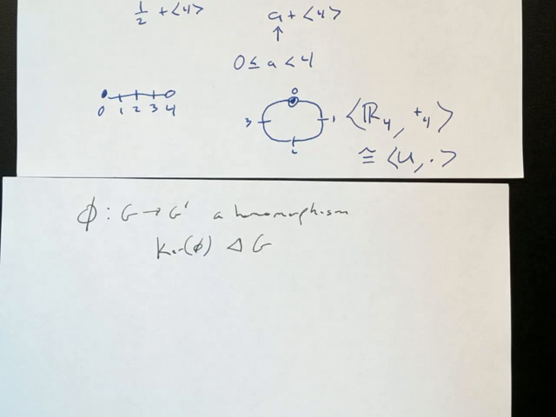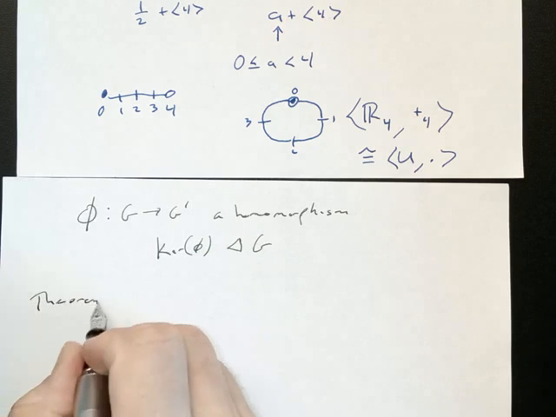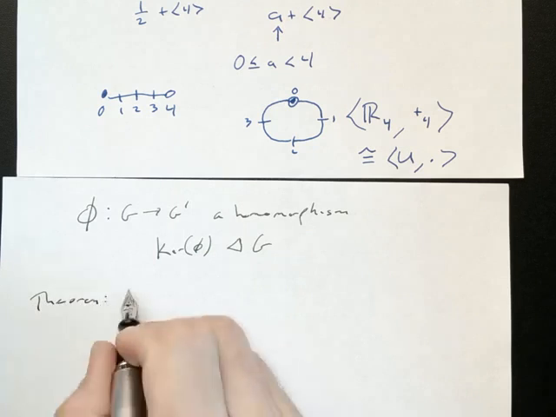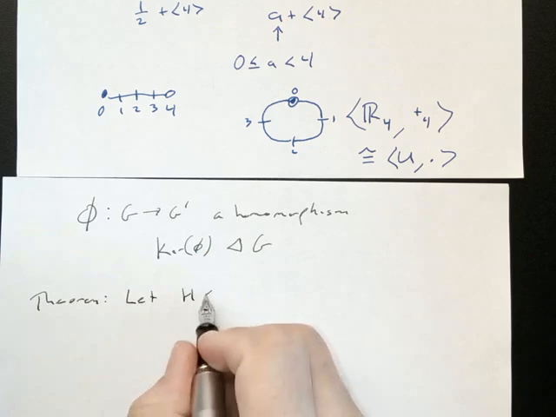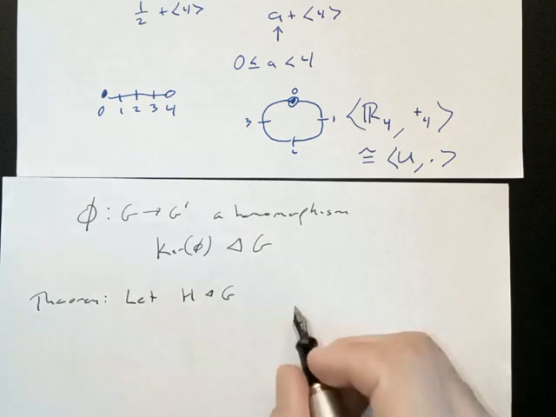In other words, instead of starting with a normal subgroup, can I use a homomorphism every time? It turns out that if you have a normal subgroup, you can always create a homomorphism.